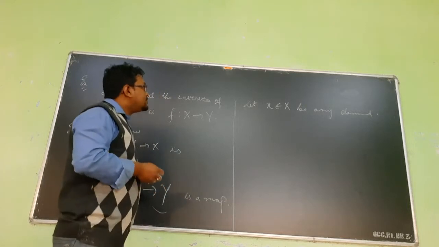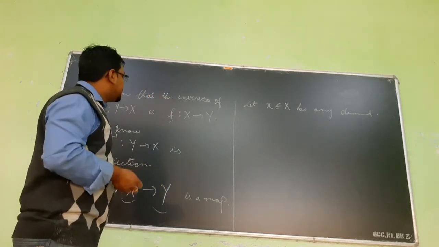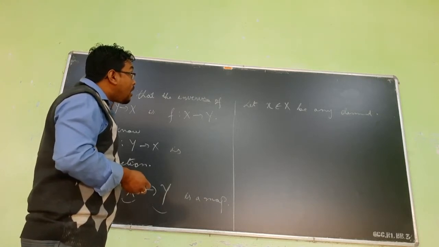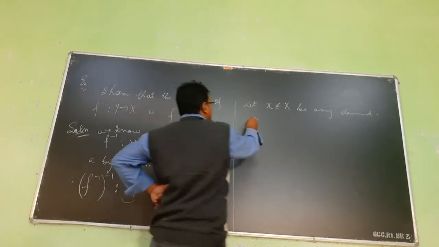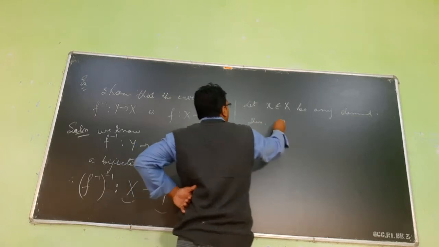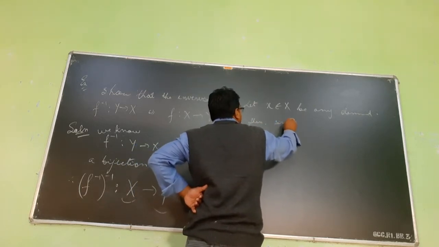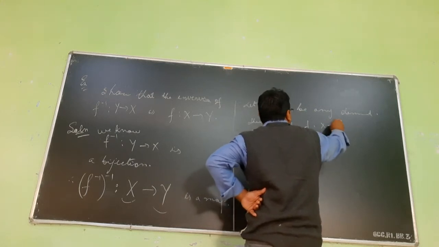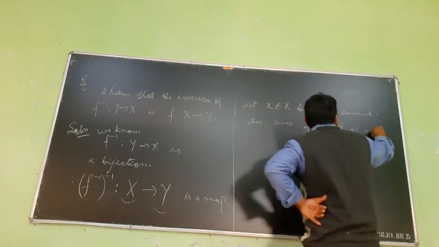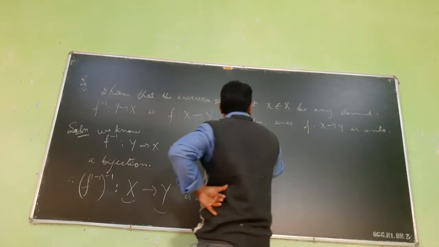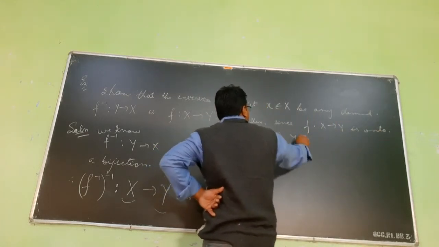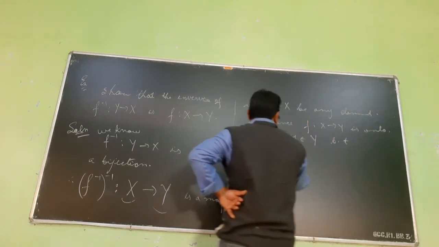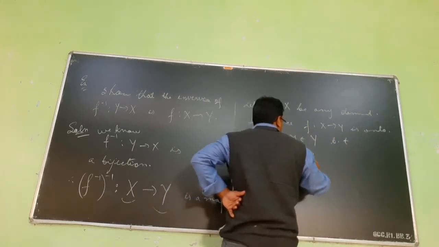Then, since f inverse from X to Y, which is one to one, there is this y in capital Y such that f(x) is equal to y.